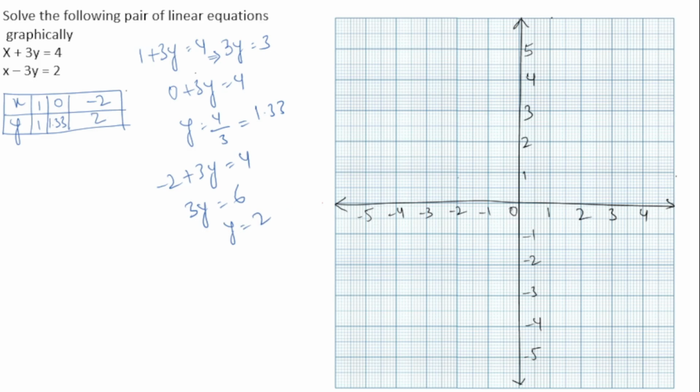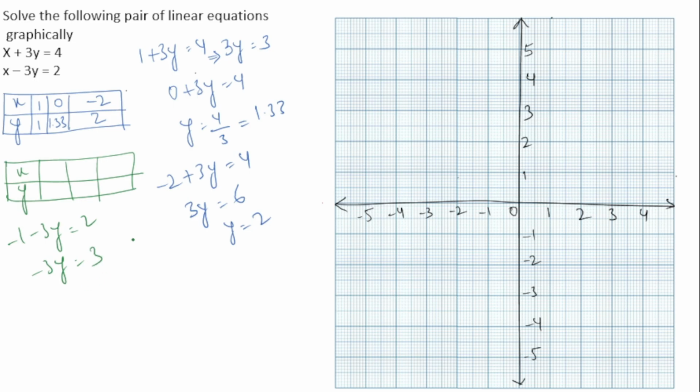And we will take the second equation. We will assume a few values of x and find out the y values. If x is equal to minus 1, minus 1 minus 3y is equal to 2. Minus 3y is equal to 3. So here y is equal to minus 1.